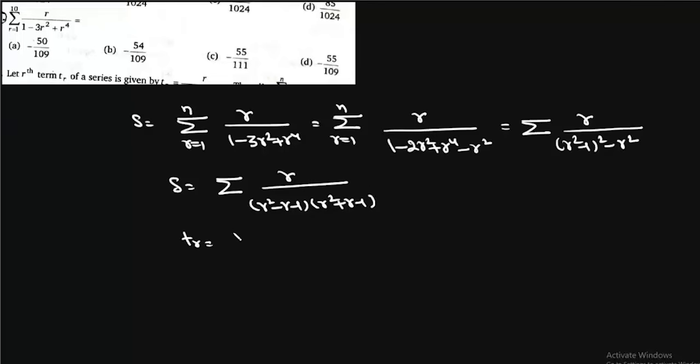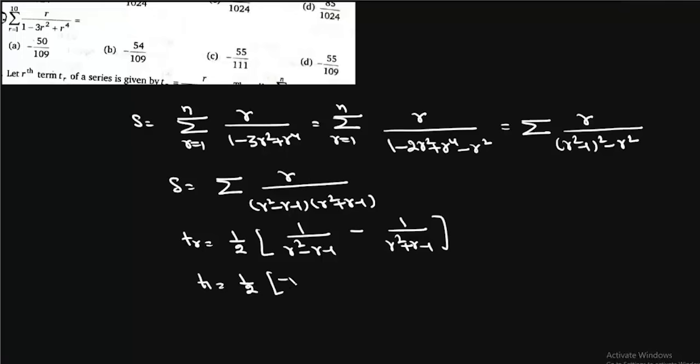Now we can use partial fractions. We can write this as 1 by 2, and it is 1 upon (r square minus r minus 1) minus 1 upon (r square plus r minus 1). Now here r square will cancel, 1 will cancel, we'll get this as 2r, and this 2 will also cancel, so we'll get the same term. Now the first term is 1 by 2, with 1 minus 1 minus, plus 1.